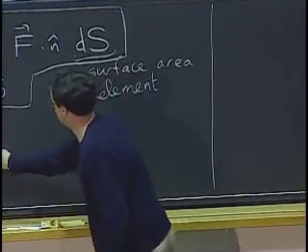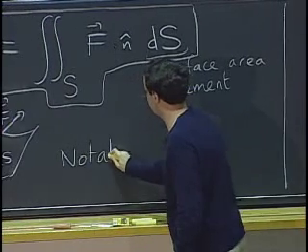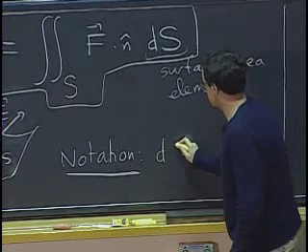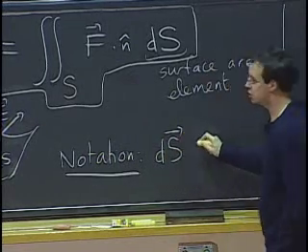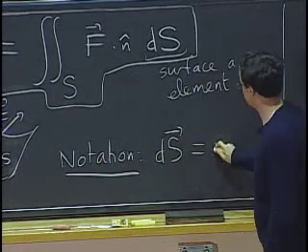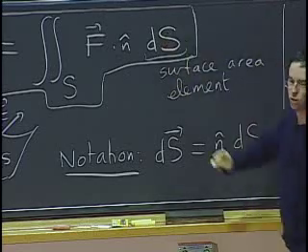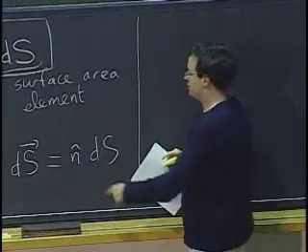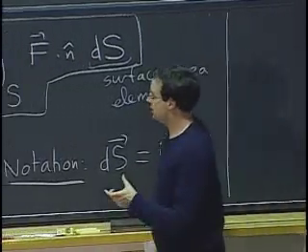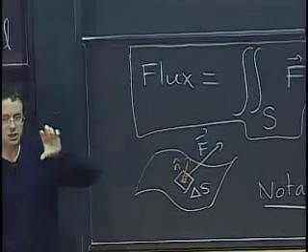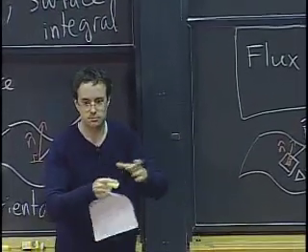By the way, a piece of notation before I move on. Sometimes you'll also see the notation vector ds. What is vector ds? Vector ds is n and ds put together. So vector ds is a vector which points perpendicular to the surface and whose length corresponds to the surface element.